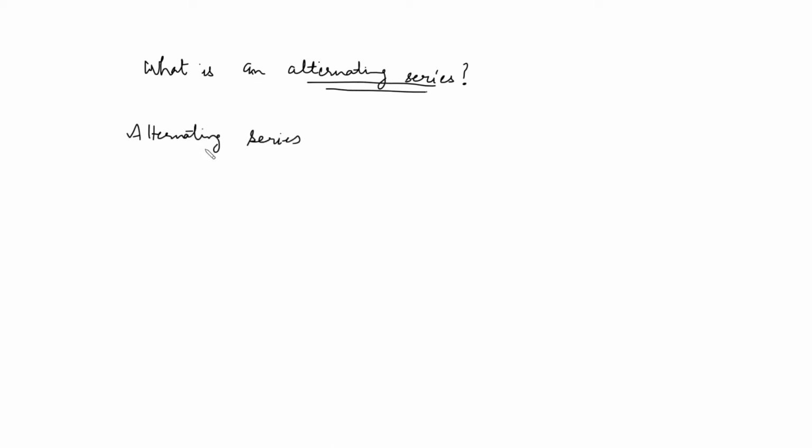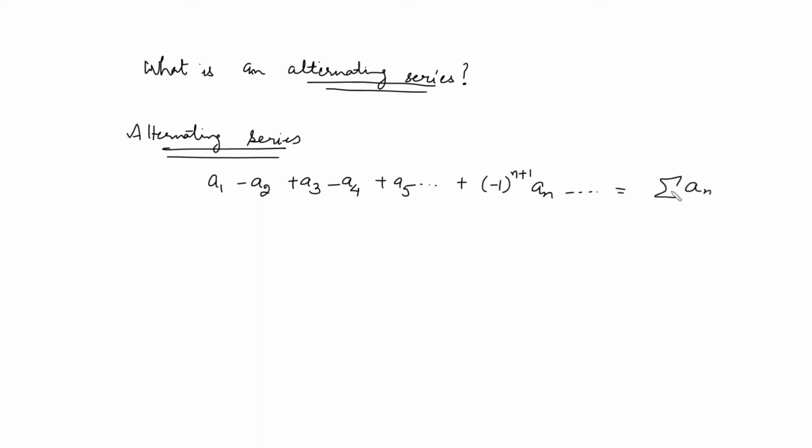Any series of the form a1 minus a2 plus a3 minus a4 plus a5 and so on, that is, the sum of (-1)^(n+1) a_n, is an alternating series, having alternate signs.